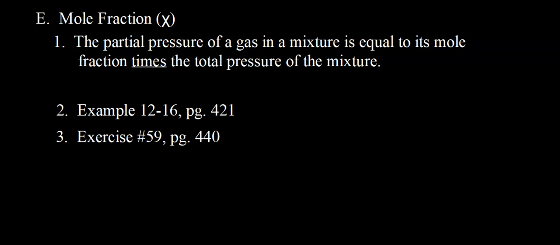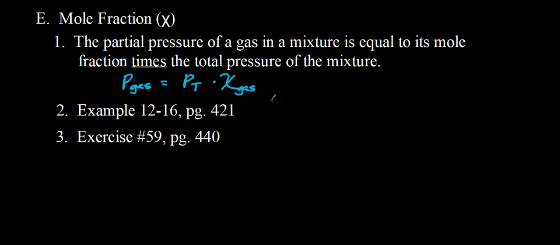So that looks like an X. That's actually the Greek letter chi, capital letter. It says the partial pressure of a gas in a mixture is equal to its mole fraction times the total pressure. So let's do this. I'm going to write it in reverse. The pressure of an individual gas, its partial pressure, is equal to the total pressure of all the gases in that mixture times the mole fraction of that gas.